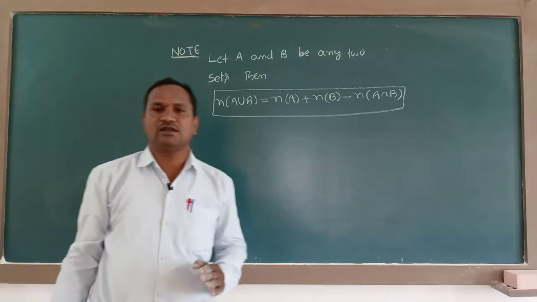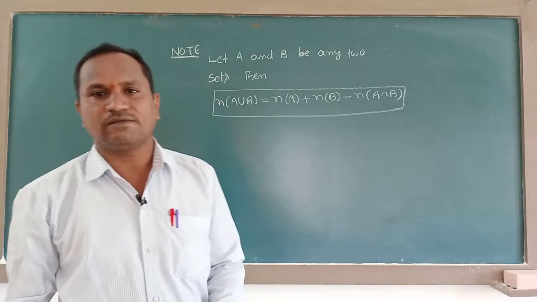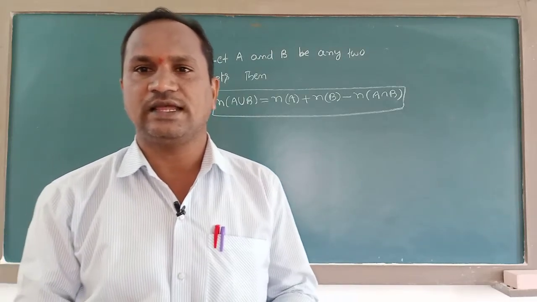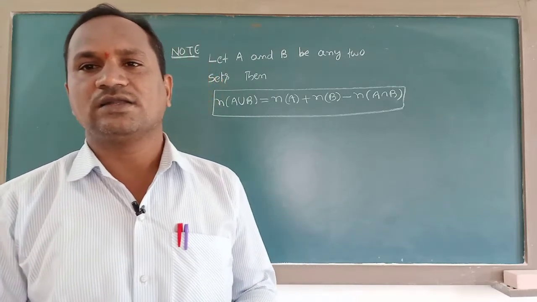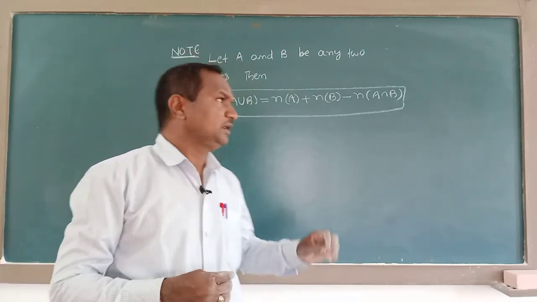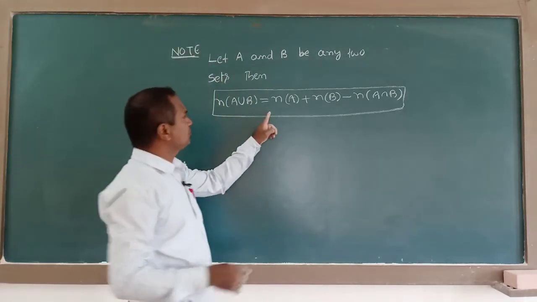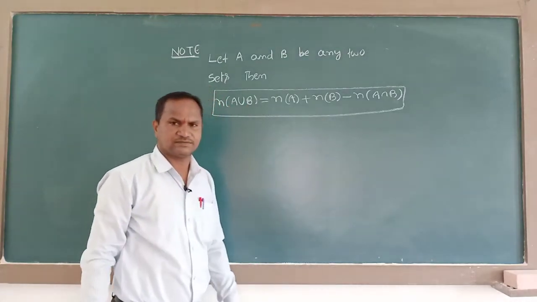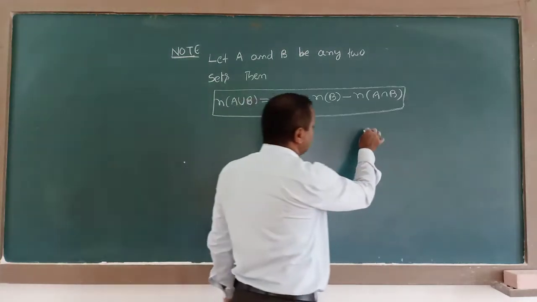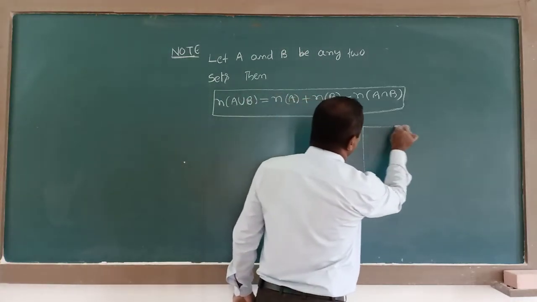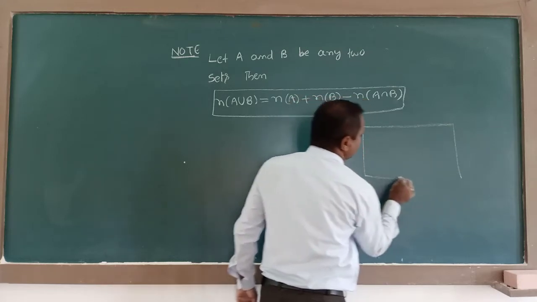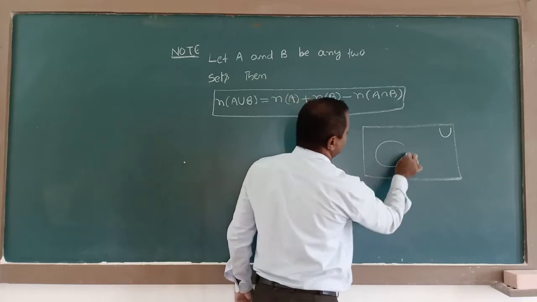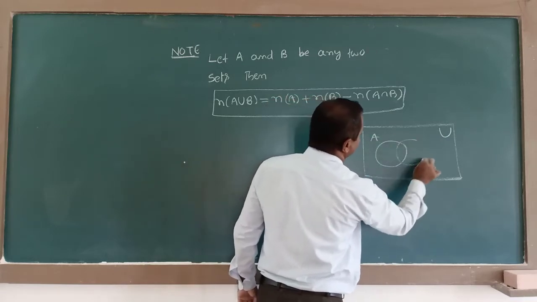N means here cardinal number. Cardinal number of a set means the number of elements present in that set. We are calling that the cardinal number. Now see here, n of A union B is equal to n of A plus n of B minus n of A intersection B. Generally, we see this diagrammatically in a Venn diagram. There is the universal set, one is set A here, another one is set B here.